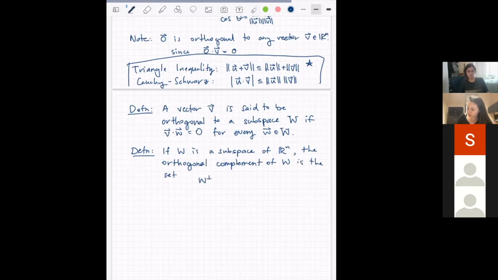So we use this notation, the sort of notation that we usually use for perpendicular lines, right?